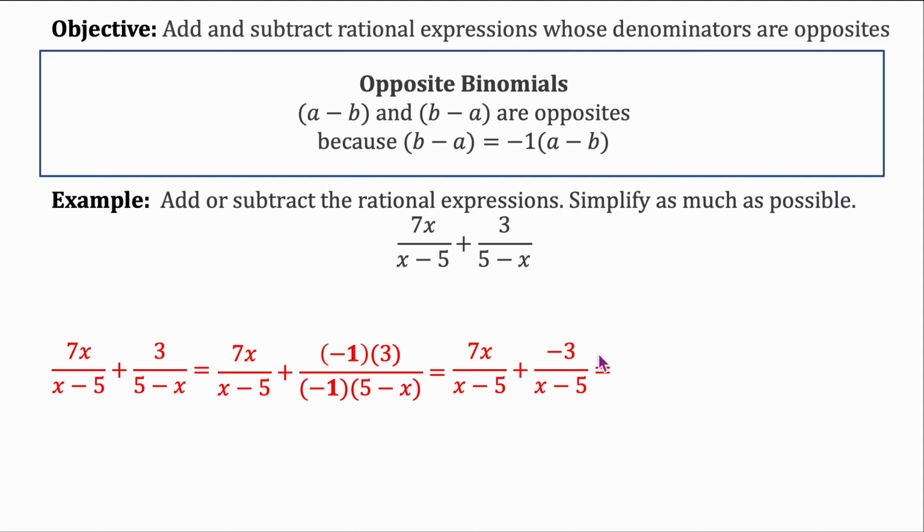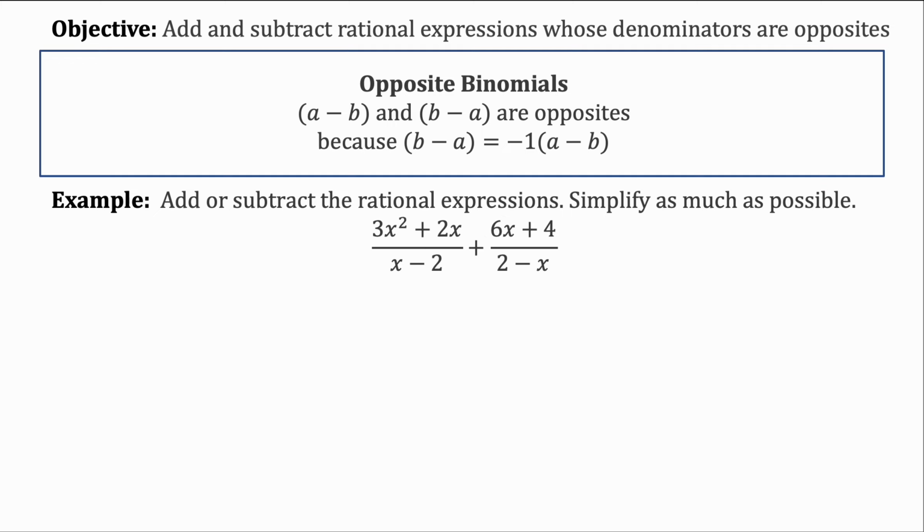But our 3 changes sign. So you'll notice that our 3 was positive and now it becomes a negative. So that becomes then just a subtraction of 7x and 3, or you can just rewrite the negative in the middle. Either one works just fine because if we're adding a negative, you're really subtracting. However you end up writing it, you end up getting a 7x minus 3 on top and an x minus 5 on the bottom.